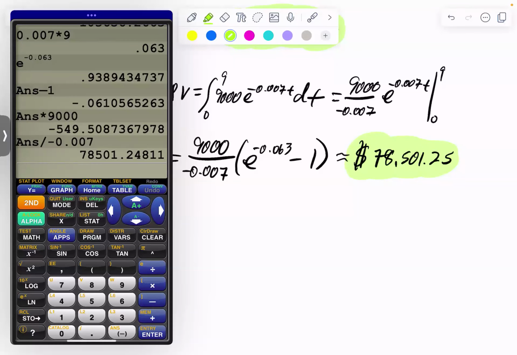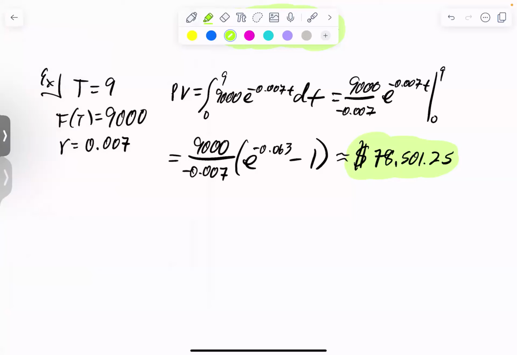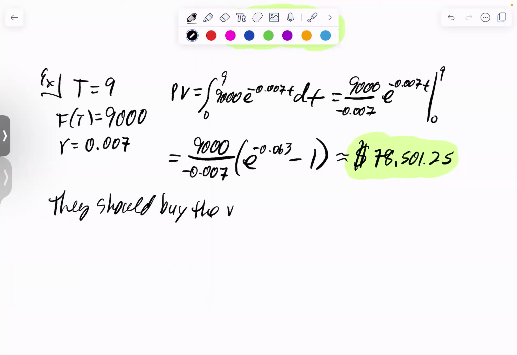So what's our answer? Should we buy it? So they should buy the machine.